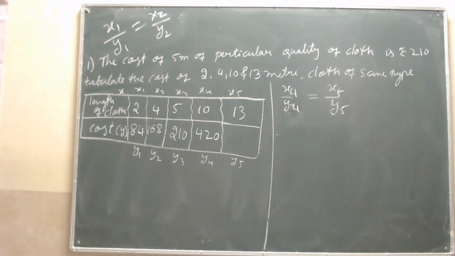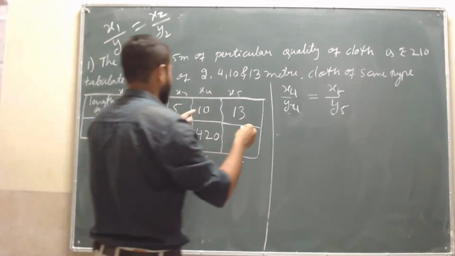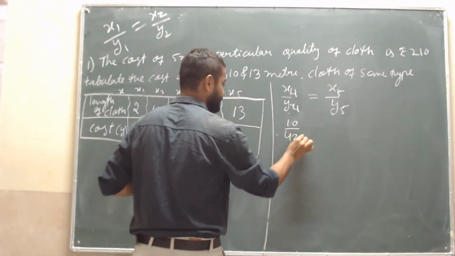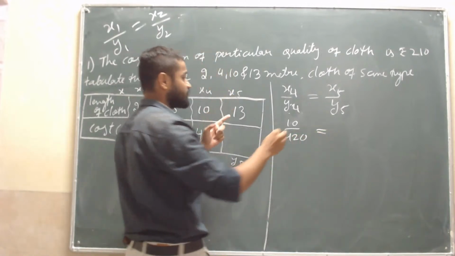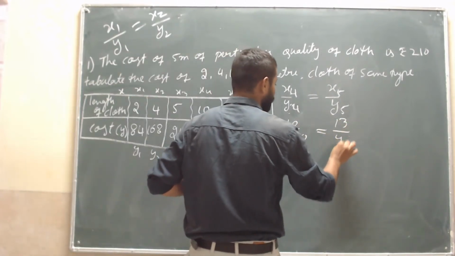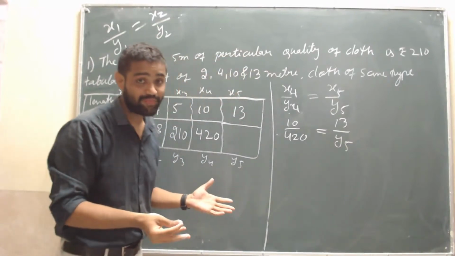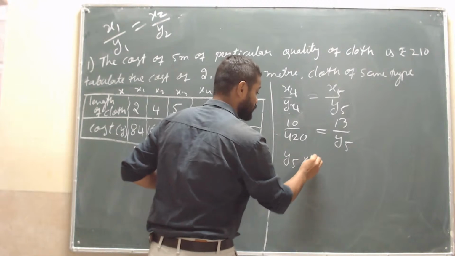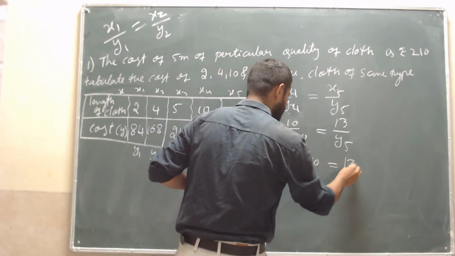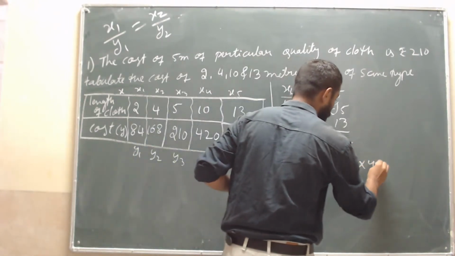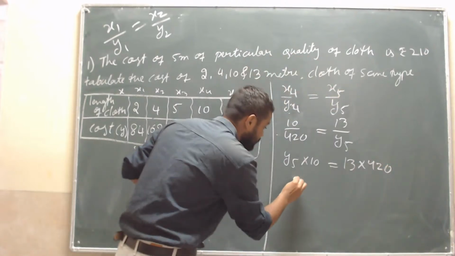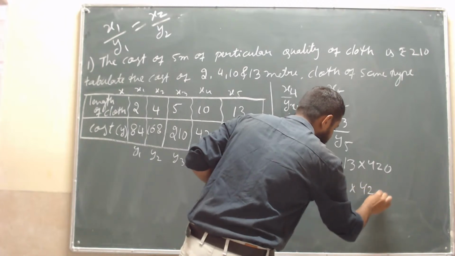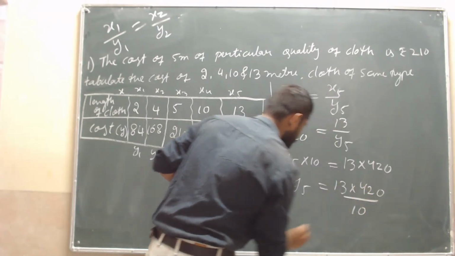The x4 is 10 and y4 is 420 rupees. And x5 is 13 and y5 we don't know. Then find it with cross multiplication, that is y5 into 10 is equal to 13 into 420. Then y5 becomes 13 into 420 divided by 10.